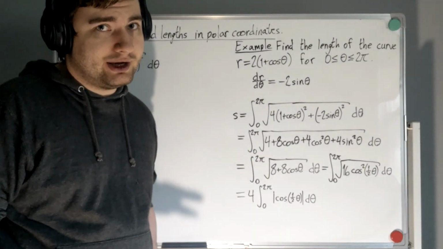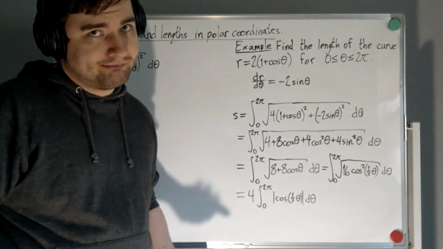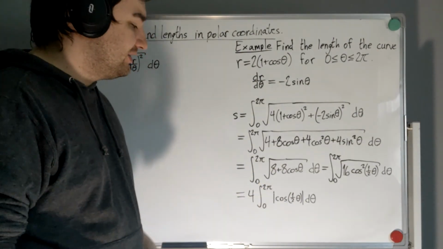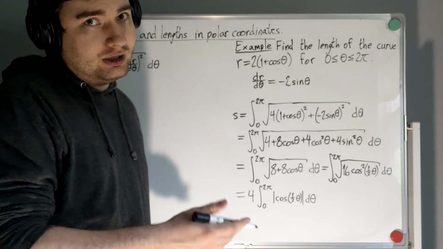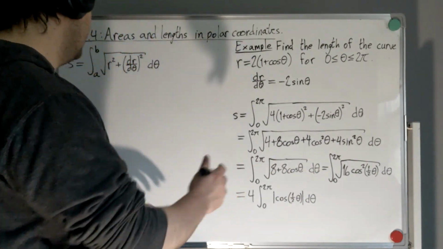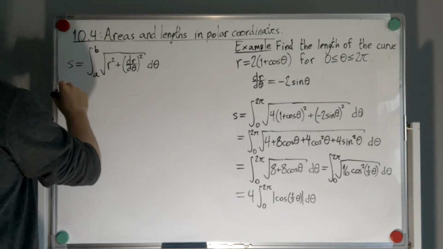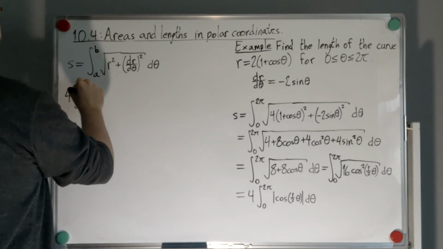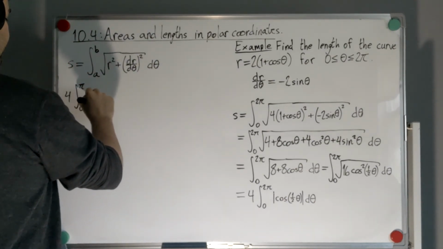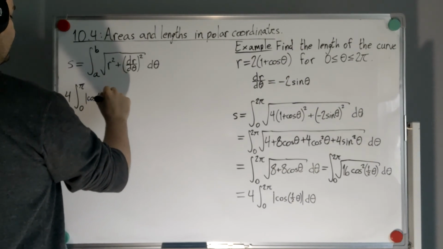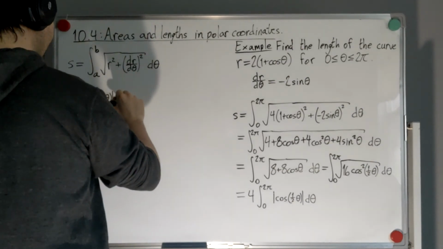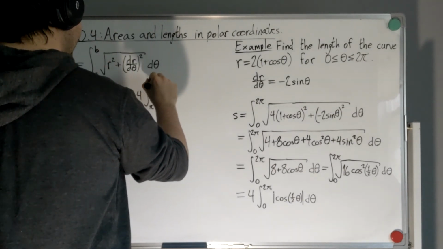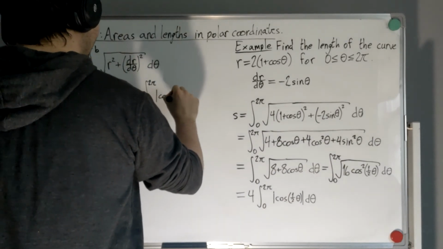And that's because cosine of theta is positive between 0 and pi over 2. It's going to be negative between pi and 2 pi, because cosine theta is negative between pi over 2 and pi. So what we have to do is split this up along that breaking point. So this is the integral from 0 to pi of the absolute value of cosine of 1/2 theta, then the integral from pi to 2 pi of the absolute value of cosine 1/2 theta.